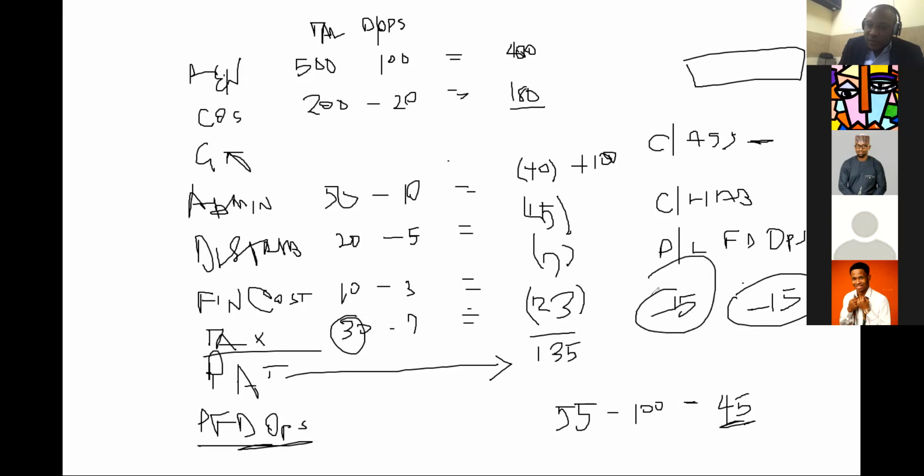So your tax is now a negative figure. That will reduce the amount of tax you would have paid originally. What will be required by IFRS is that you should reflect as a disclosure this tax benefit you've gotten as a result of discontinuing that operation. Do you get the point I'm making?